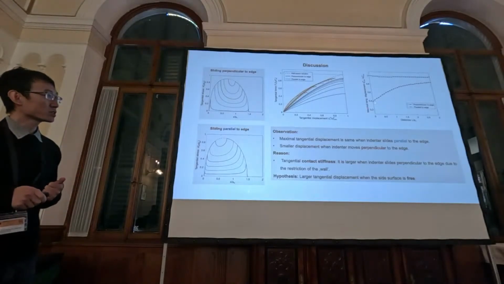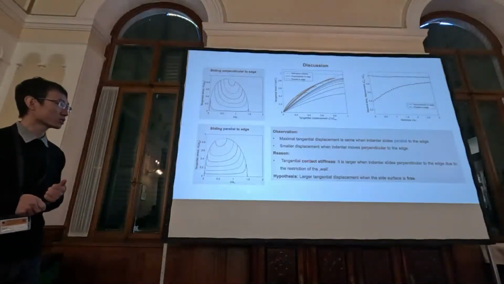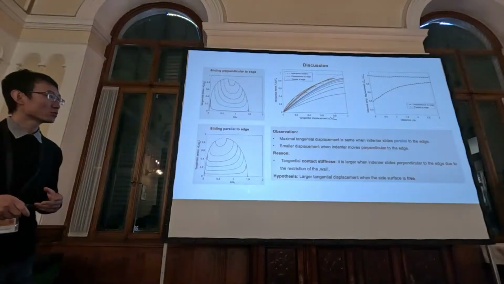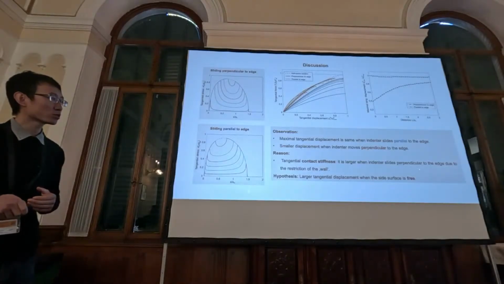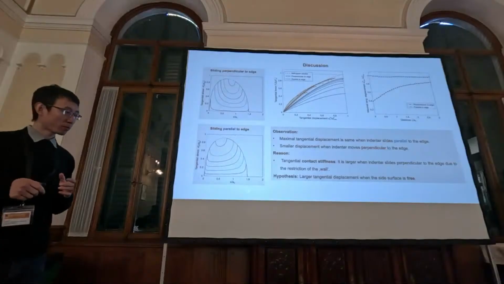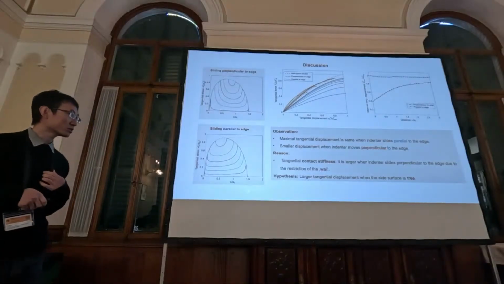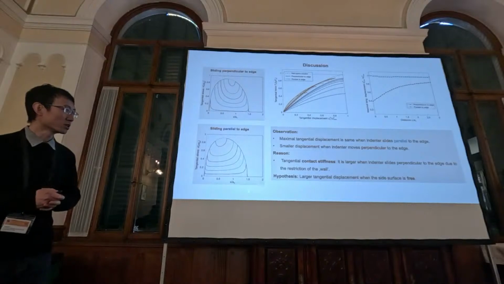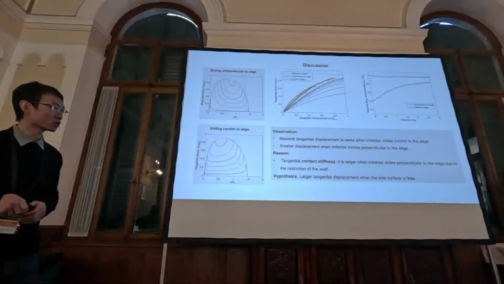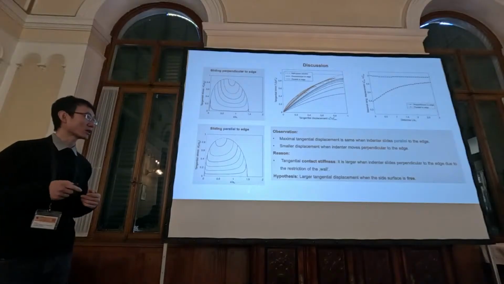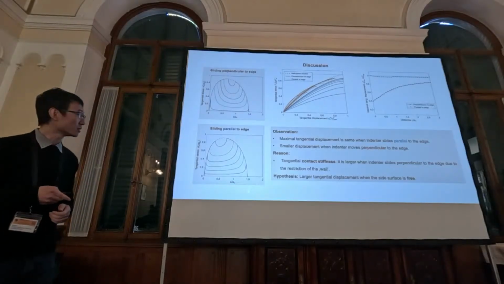But in the perpendicular case it is much smaller. The reason is the tangential contact stiffness. It is larger when the indenter slides perpendicular to the edge due to the restriction of the wall. So my hypothesis is that if the quarter surface is free, then the maximal tangential displacement will be larger.